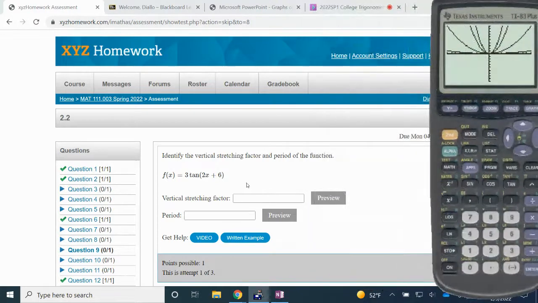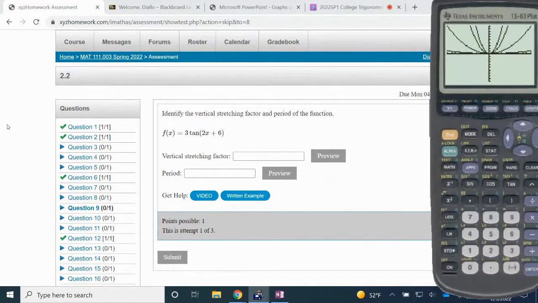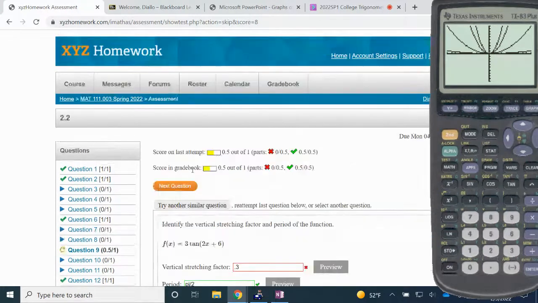So when you're looking at problems such as these, it says the vertical stretch factor, I believe that would be 3. And for the period, remember the period for the tangent function is pi over b. In this case, b is 2, so our period is pi divided by 2.